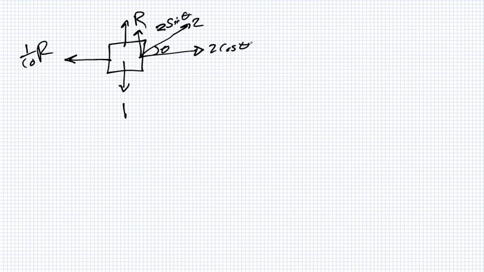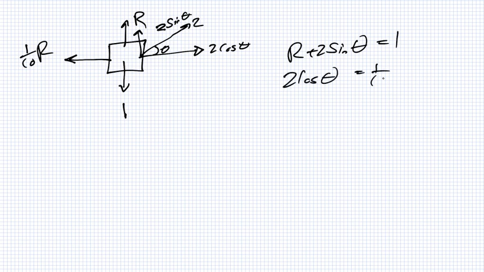For it not to accelerate, all the forces must balance out. So we have R plus 2 sine theta must equal 1, and 2 cos theta must equal a tenth R. And we're looking for theta.